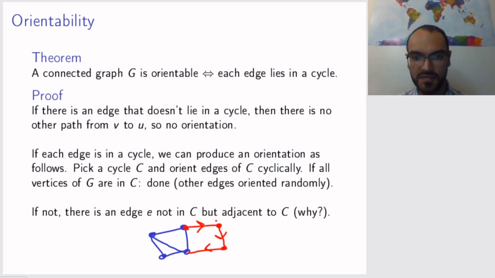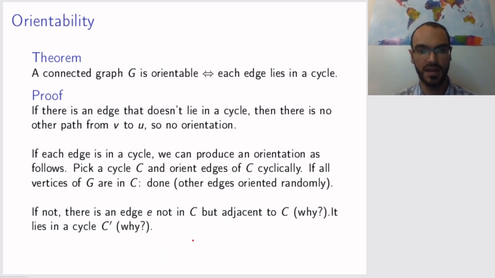If you look at this vertex, well, you can always go back to the blue graph, circle around, and go out from it again. So from every red vertex you can go to the blue cycle, and you can reach every red vertex from the blue cycle. So the red and blue vertices together form a strongly connected graph.